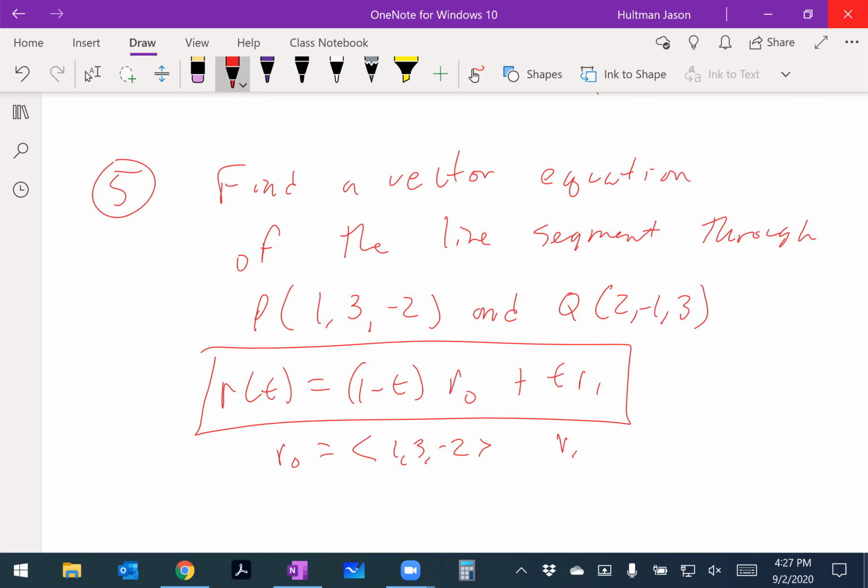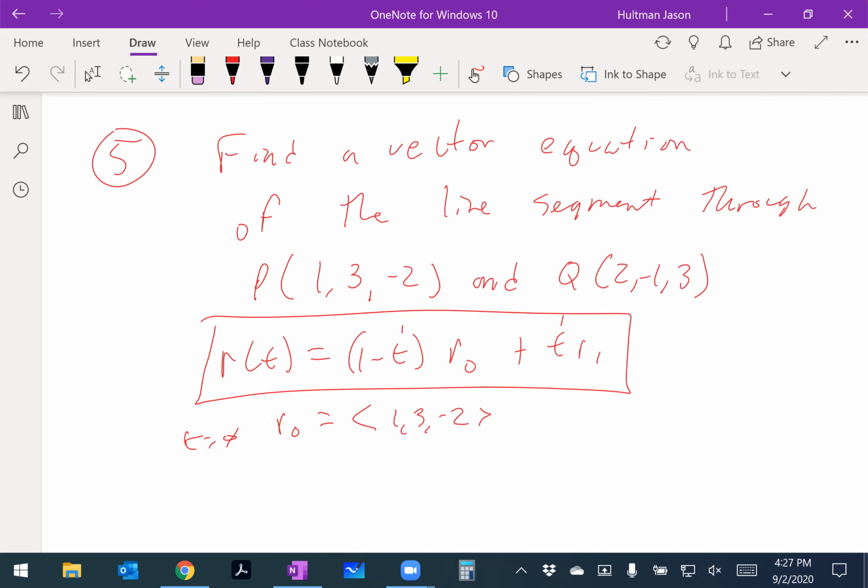Does that make sense? Because what's 1 minus 1 here? That's 0. That cancels that out. And if I plug a 1 in there, isn't r(t) just equal to r1? So when t is equal to 0, we get r naught. When t is equal to 1, we get r1. And so what's r1? Well, that's just going to be my endpoint. This is my beginning.